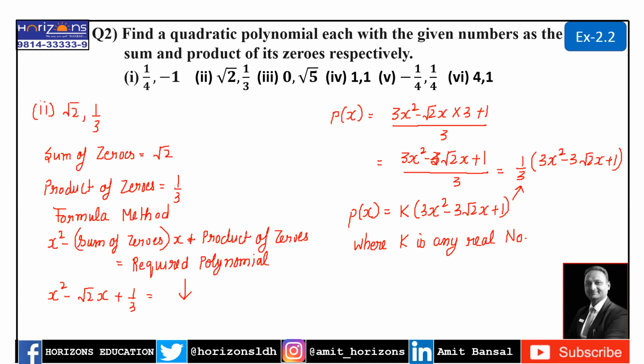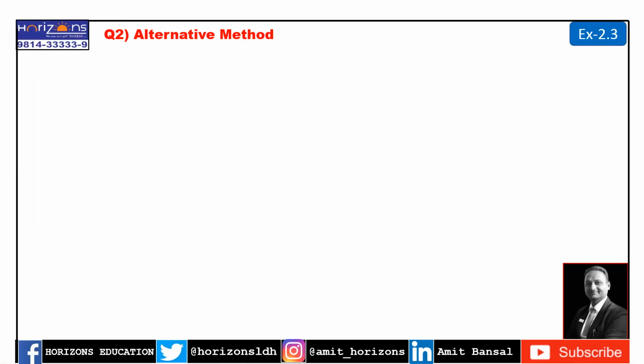Right? Alternatively, I can do this question in a different way. How would I do that? We will take the sum of zeros. Sum of zeros is minus b upon a, and that is given equal to root 2. And product of zeros is c over a, that is given equal to 1 by 3.